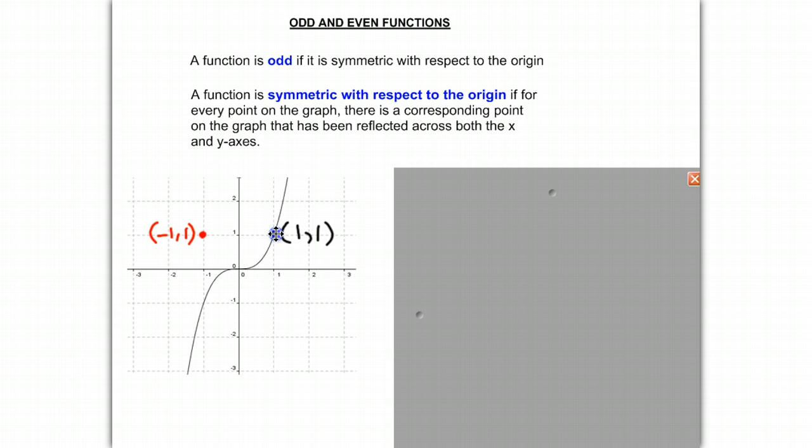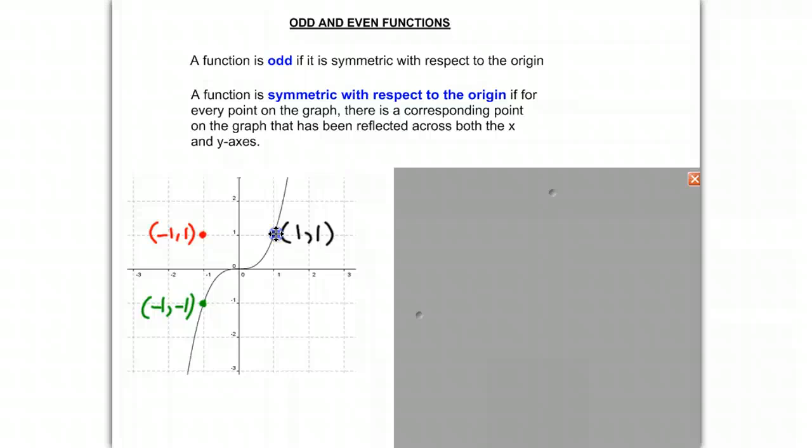And then if we were to once again reflect it, but this time across the x-axis, you would get it to be over here at -1, -1. And notice that after reflecting it the second time, it falls right on the graph. If that is true for every point on the graph, then it's considered to be symmetric with respect to the origin and therefore an odd function. And that is true in this case.